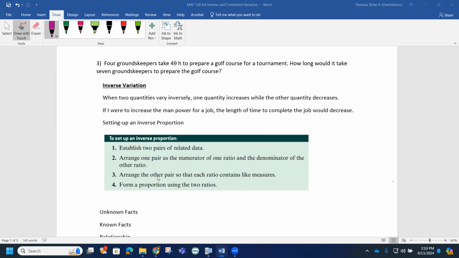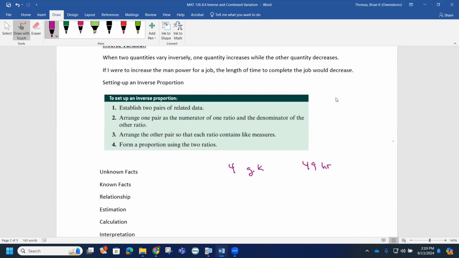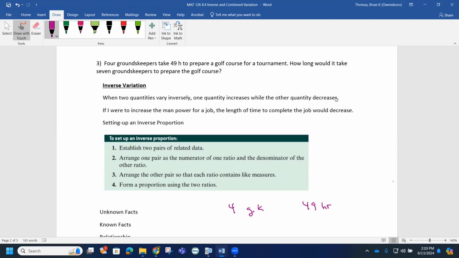So again, we want to establish two pairs of related data. So what I'm picking up on is the 4 groundskeepers. It takes them, was it 49 hours to do the work to prepare for a golf course tournament?